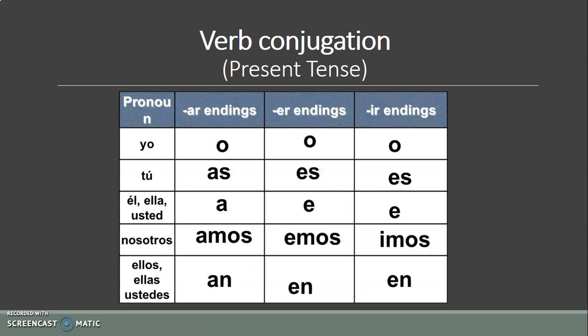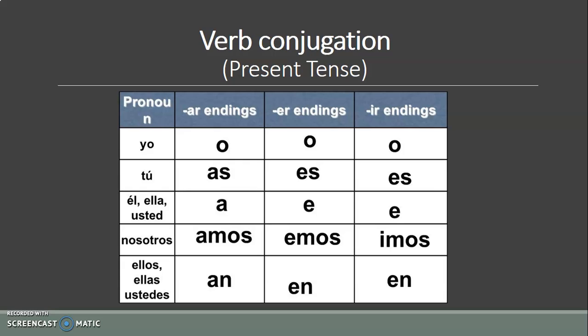So, the biggest issue that comes up when we talk about reflexive verbs is conjugation and, of course, reflexive pronouns, which we will see coming up. But I won't go too deep into this. We discussed this in the last video. I even sang for you, right? So you now need to memorize these endings.